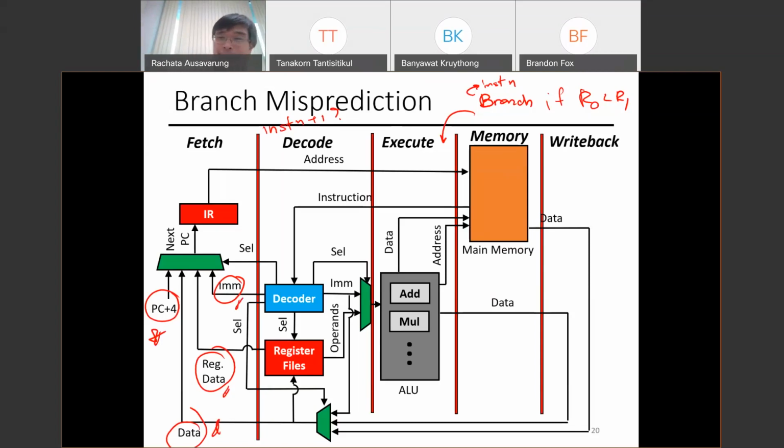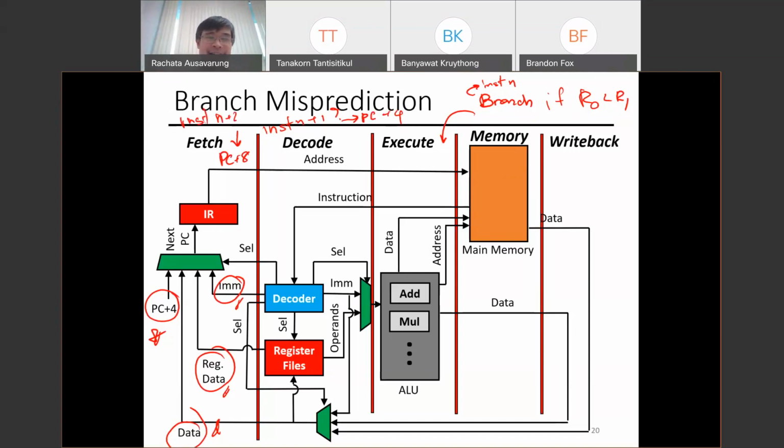One of the obvious choices is, well, I just get the next line in my assembly code. Hopefully most of the time I go to the next line. So instruction N plus 1 is PC plus 4, and instruction N plus 2 is PC plus 8. Let's say that's our assumption.